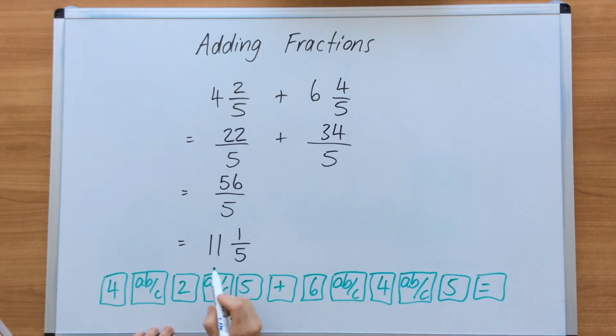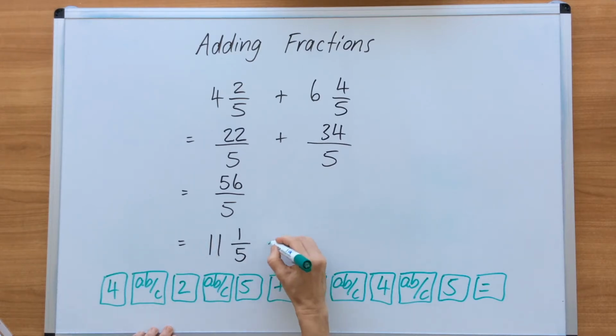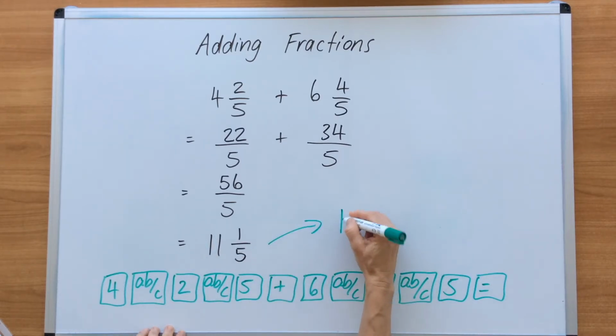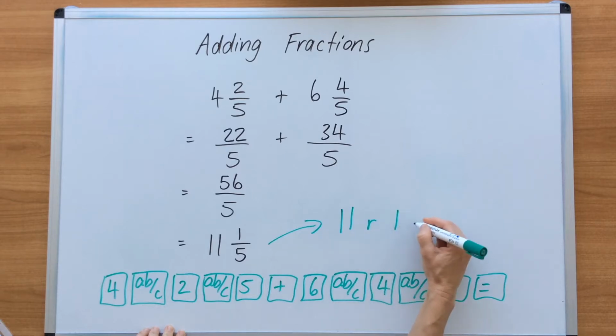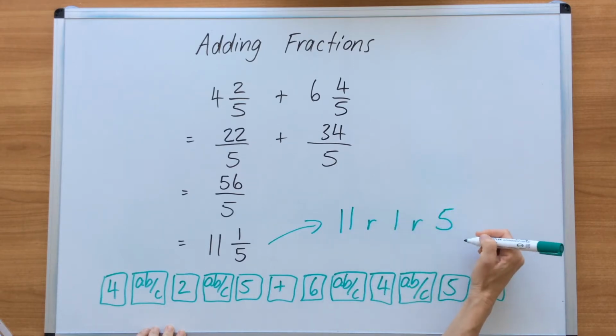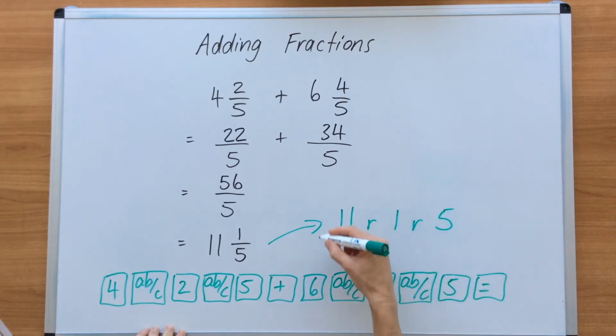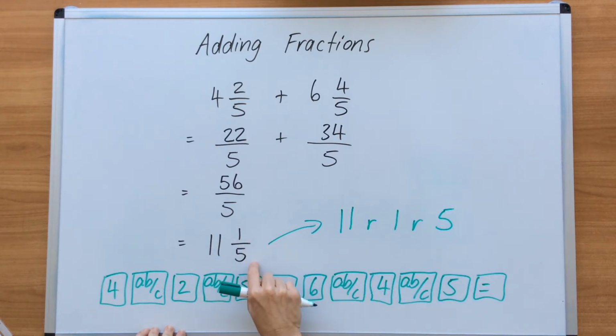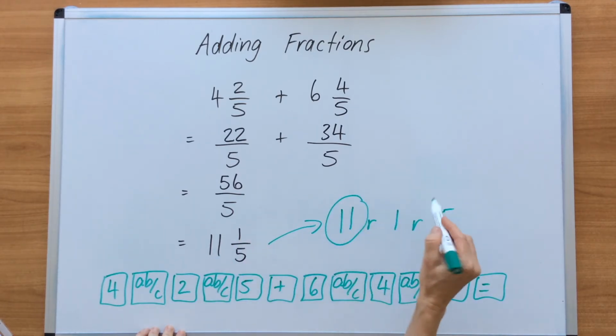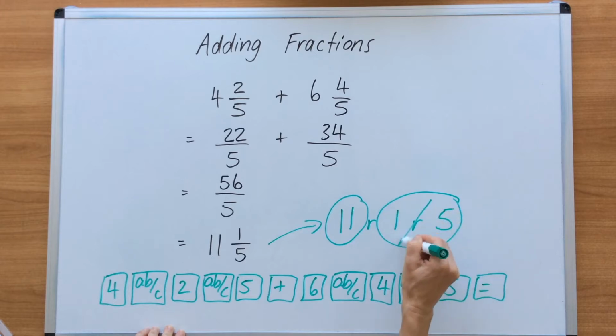And it will give us this answer here. But this answer is going to look like this. 11R1R5. Okay? But that really means 11 1/5. This is the whole number, and this is the fraction. Okay?